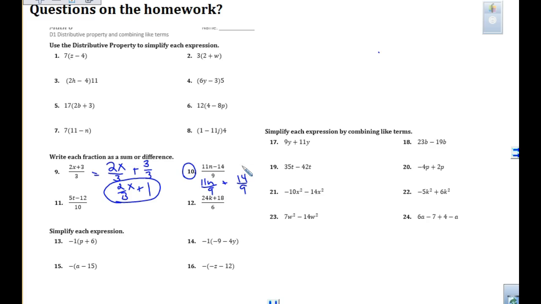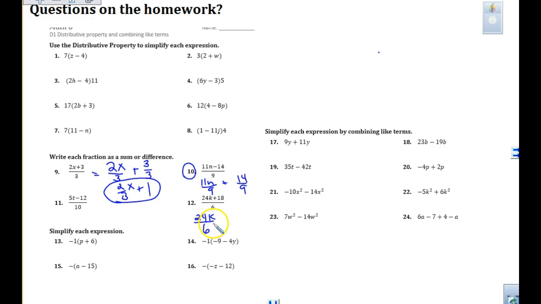Now, when I look at both number 11 and 12, you have to simplify first. So similar to how we simplified 3 over 3, when you're looking at number 11 and 12, and you look at number 12, our first step, Braden, would be to rewrite it how? 24K, and then divided by 6.